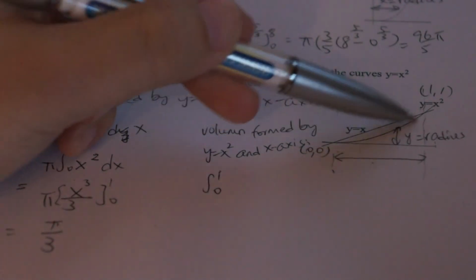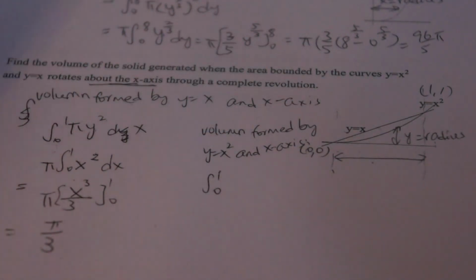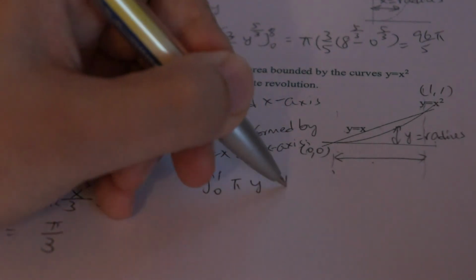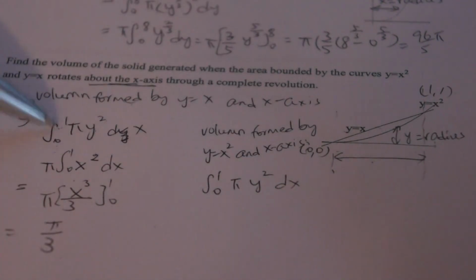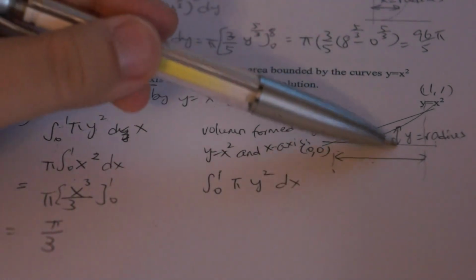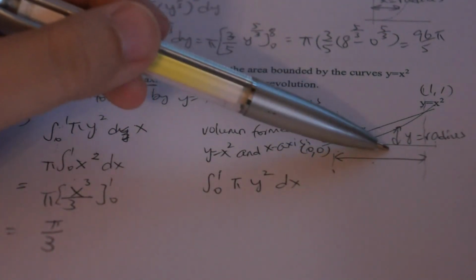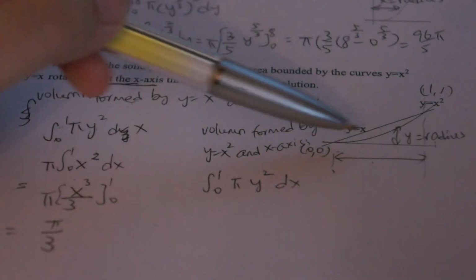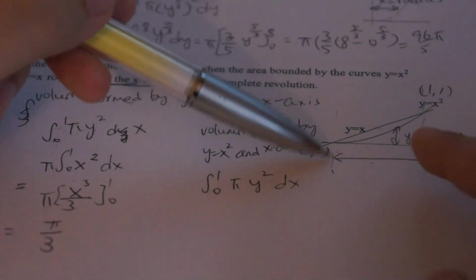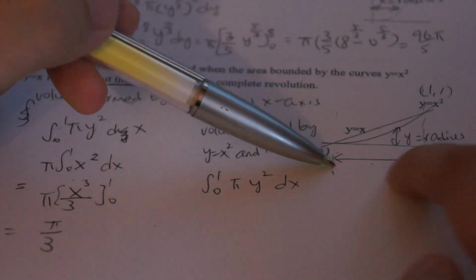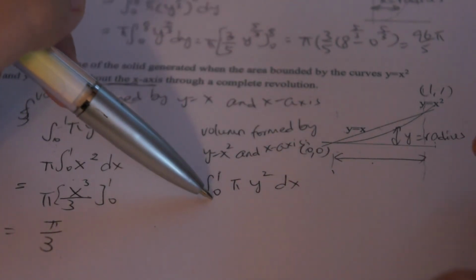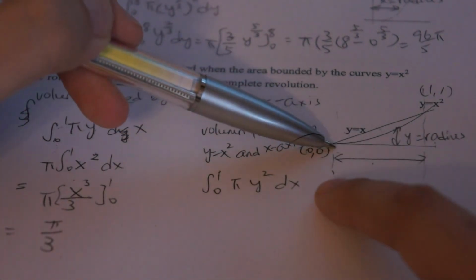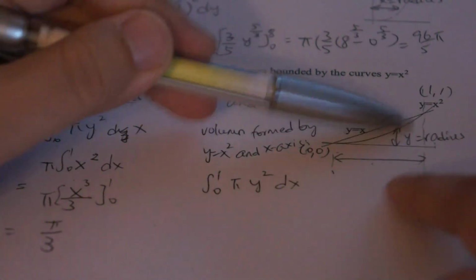Since y equals x squared, we write down pi y squared again, just like this one, because the radius is y, so pi y squared must be written first as the area of the circles. Then the volume is formed from the height of 0 to 1, so we integrate from 0 to 1. That's why we sum all the circles, starting from 0 and going until 1.